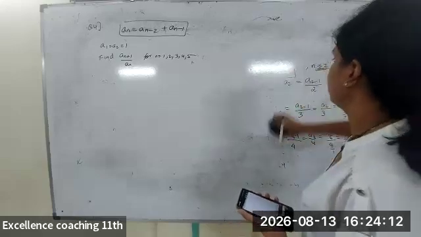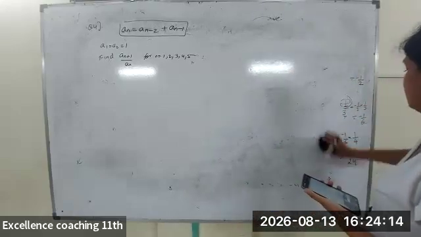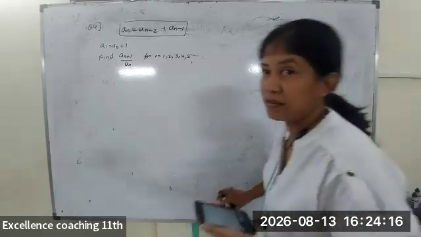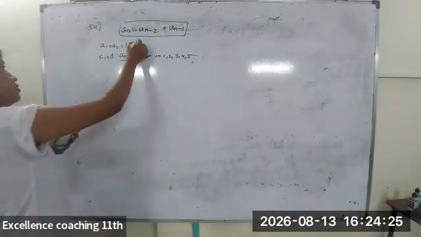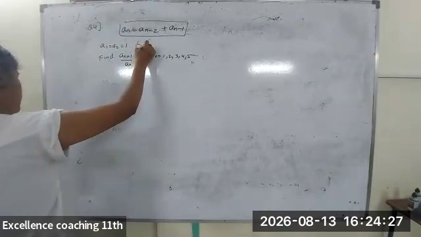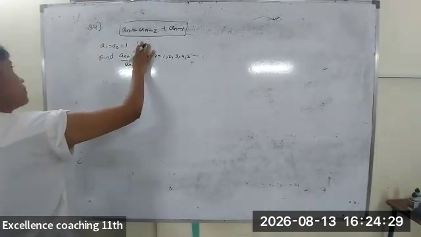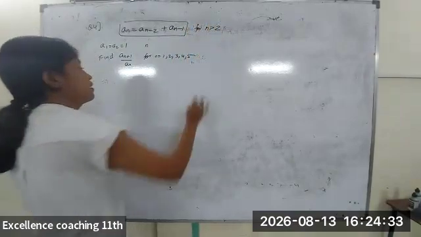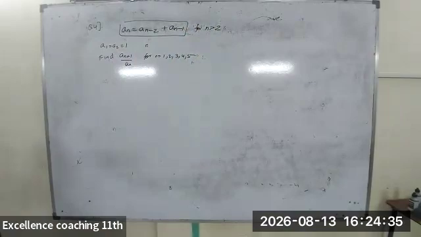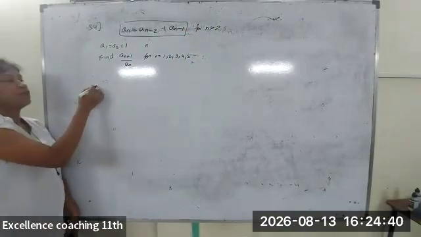Good. So N greater than 2 means 3, 4, 5. Already A1 and A2 we got.